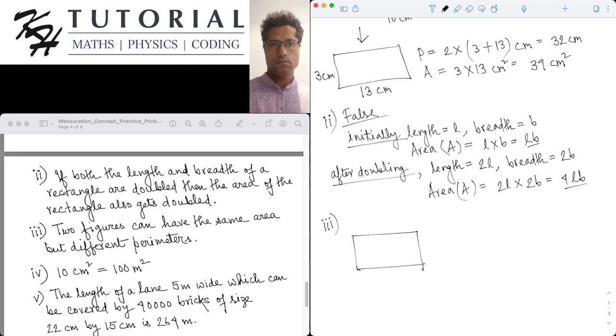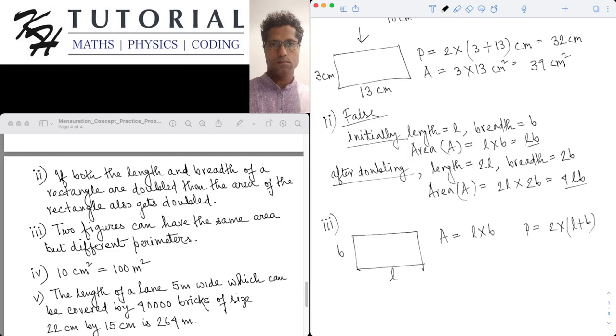Basically this is breadth and this is L. So area in a rectangle is L into B. Now let's try to give some different values to L and B such that L into B remains the same, but the perimeter, 2 into L plus B, varies.